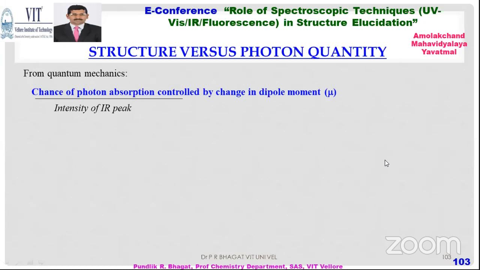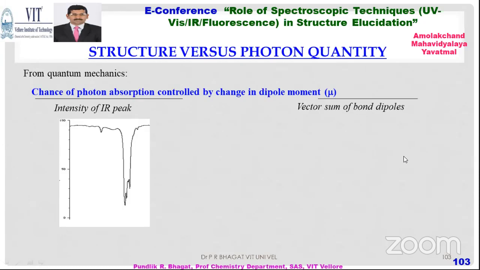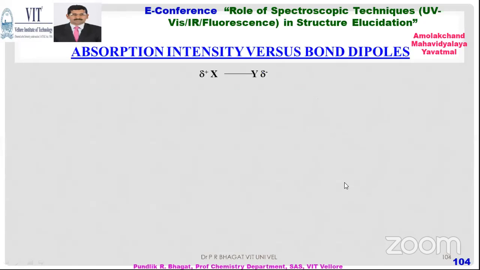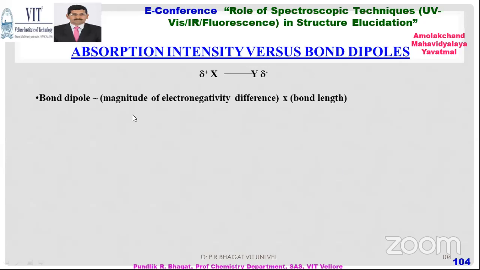So here I will try to explain how the intensity of the band will increase. It depends on the dipole moment. The dipole moment is the product of bond length and the dipole created because of the two atoms. So if the bond dipole is increasing, then bond length will increase and the dipole will also increase.